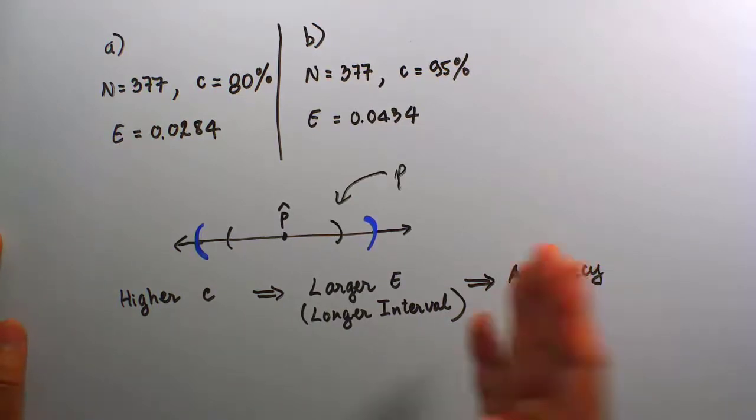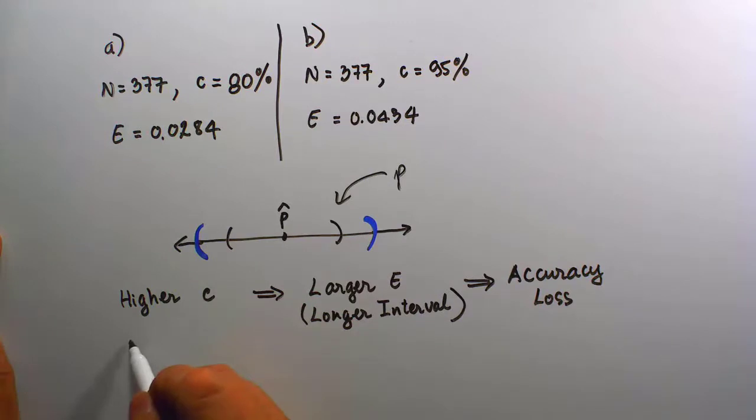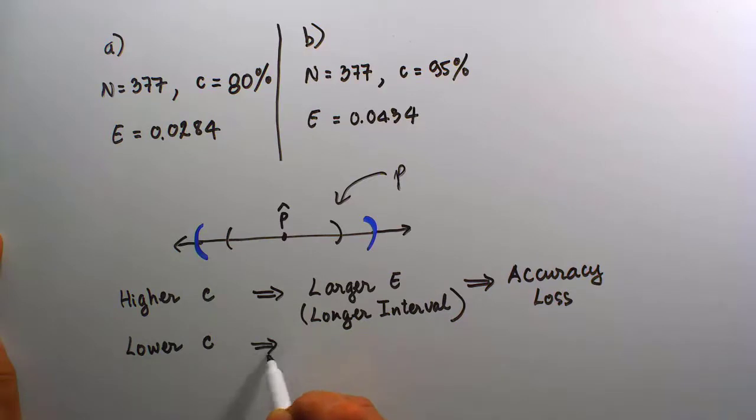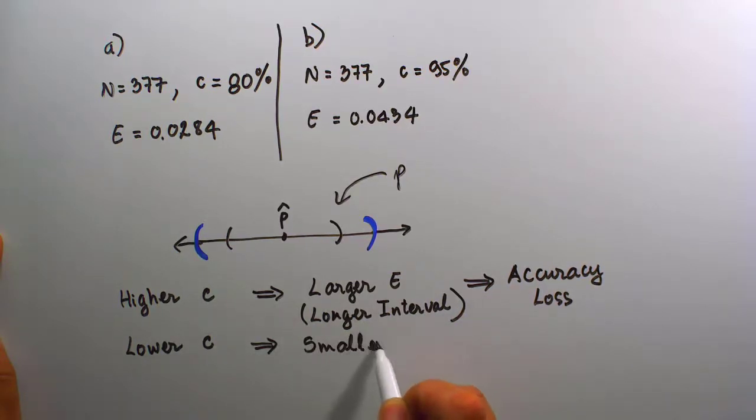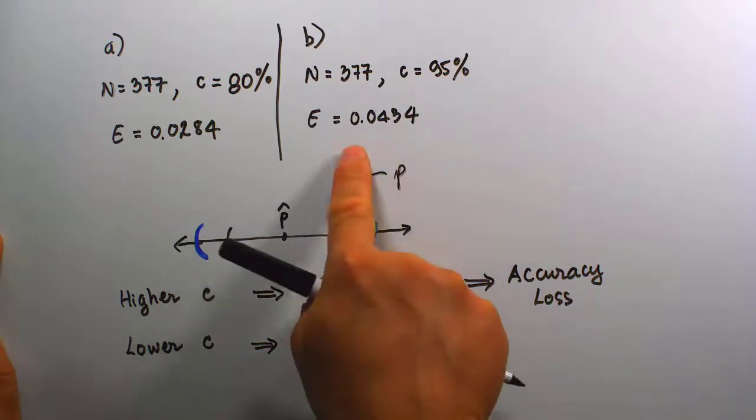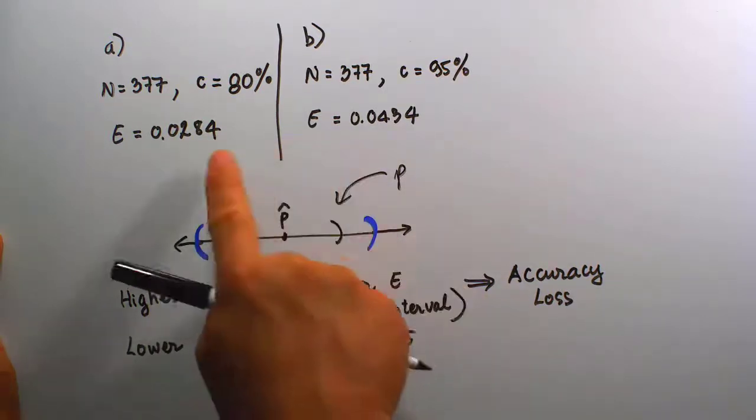And so if we're going the other way, if we're going backwards, we're going to try to bring it down to a lower confidence level. But a lower confidence level means we're going to have a smaller margin of error, just like the results from the two problems in part A and B are indicating.